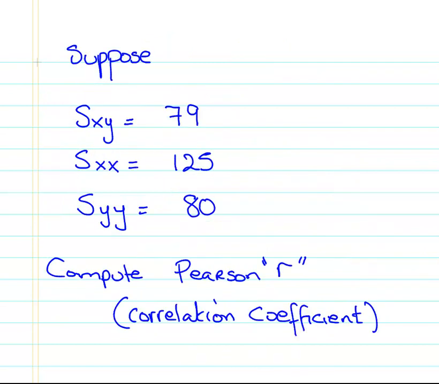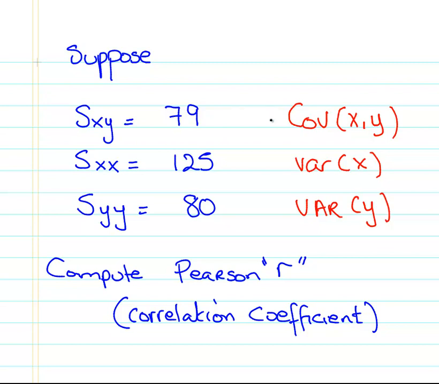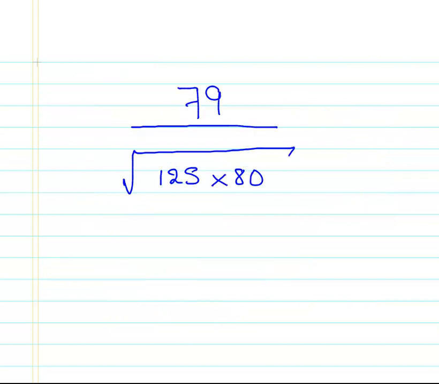Just before I continue on, I'll state this is related to the covariance of X and Y, this is related to the variance of X, and this is related to the variance of Y. If you see a different set of formulas that mention covariance and the variances, or the standard deviations of X and Y, fundamentally they're all the same thing.